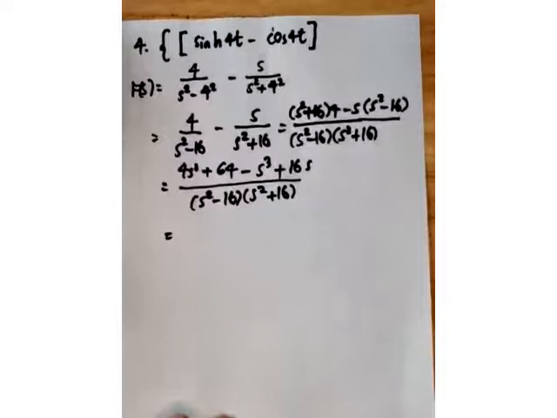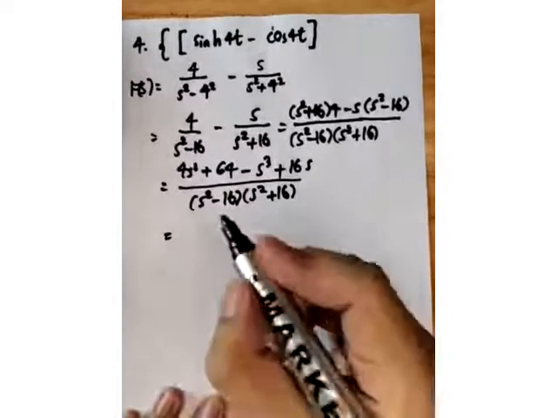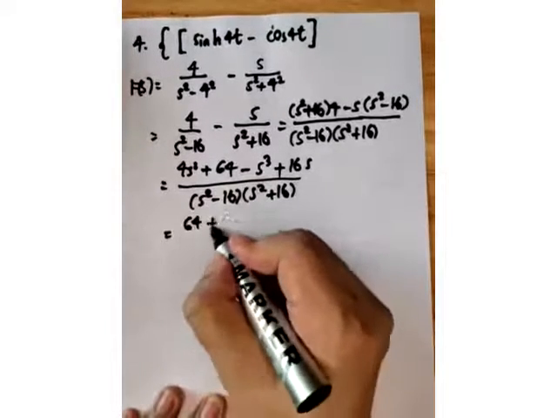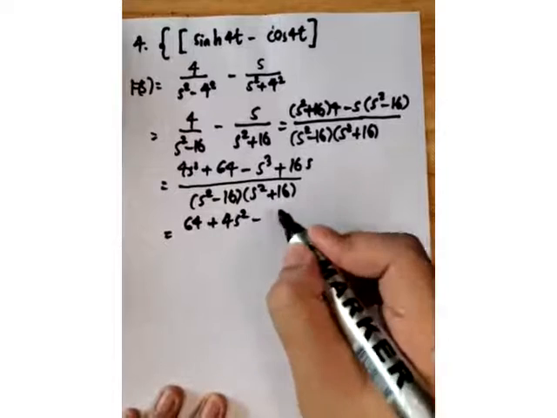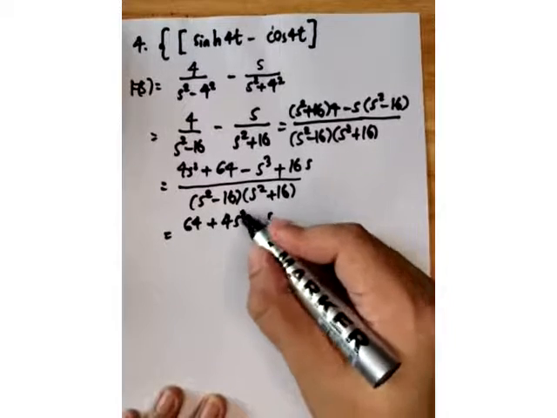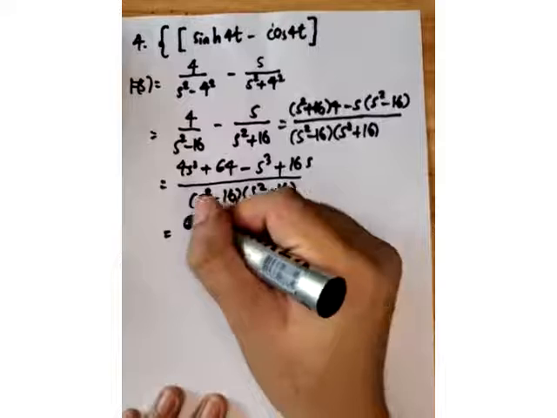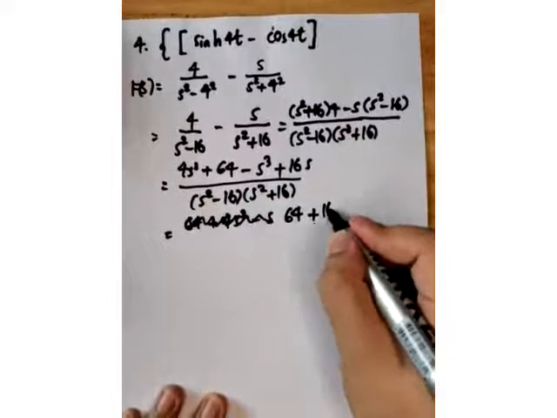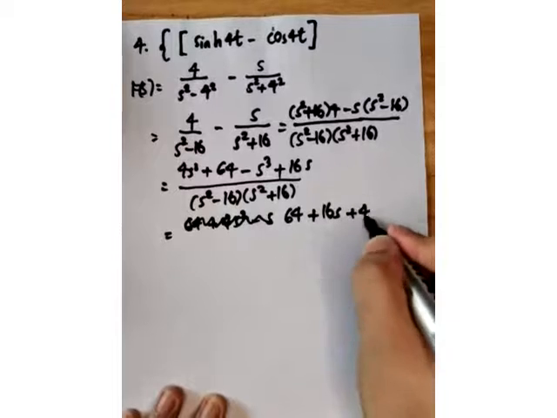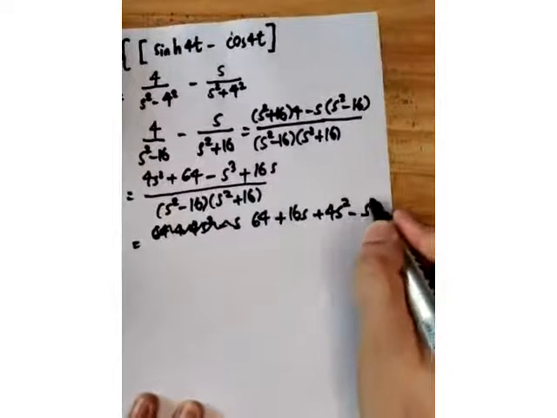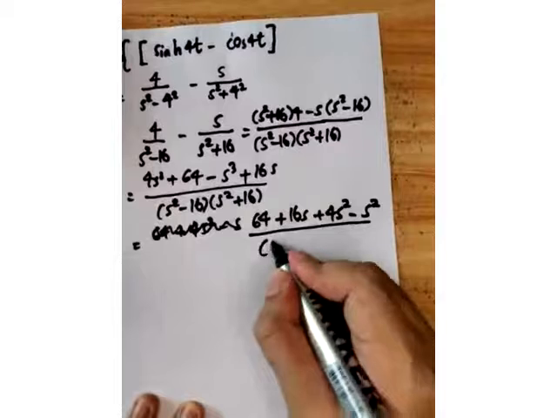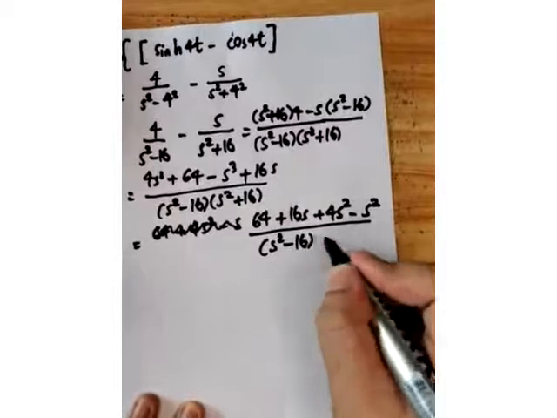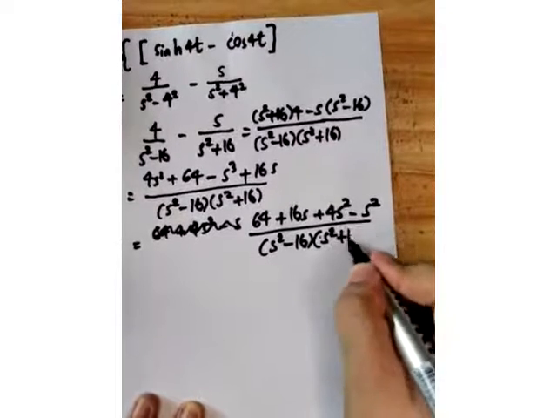So, final answer is, okay, sorry. Ulitin natin. 64 plus 16s plus 4s squared minus s cubed, all over s squared minus 16 times s squared plus 16.